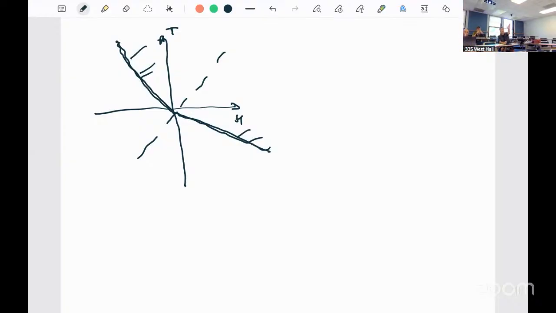Everything that is on the right-hand side of these two lines is acceptable, right? And it's symmetrical with respect to the first diagonal. And the first diagonal respects the gambles where those are constant.